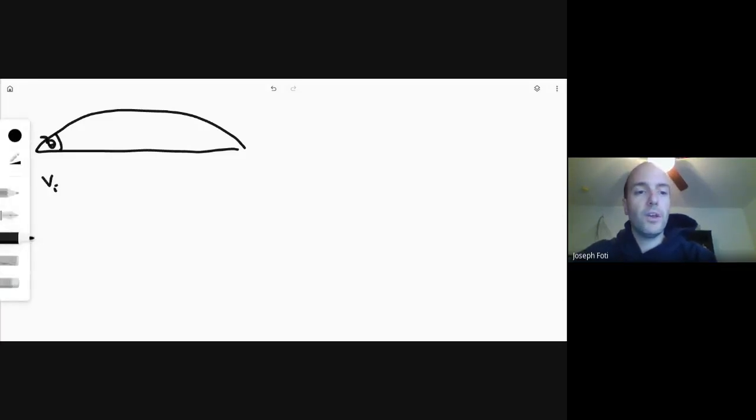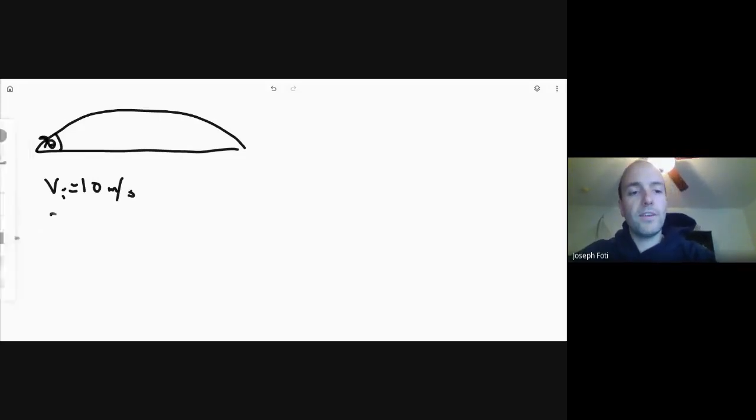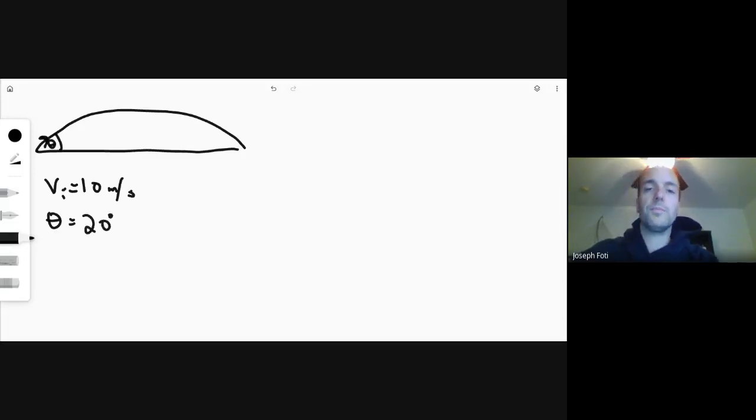So let's say the Vi, which is this kind of diagonal, is 10 meters per second. Let me rewrite that. Vi equals 10 meters per second. Excellent. Okay, let's give a theta of, let's say 20 degrees.